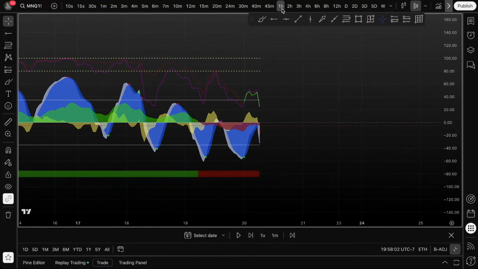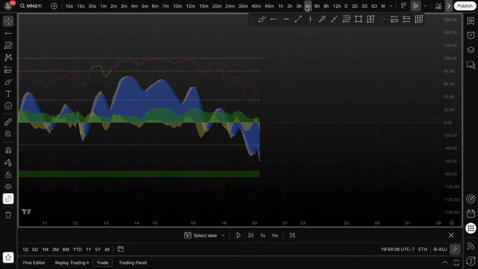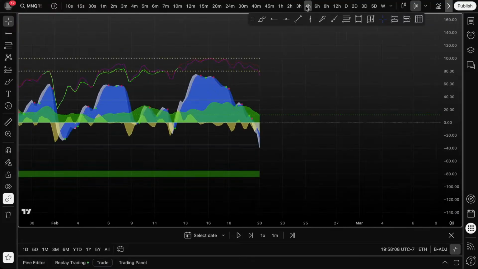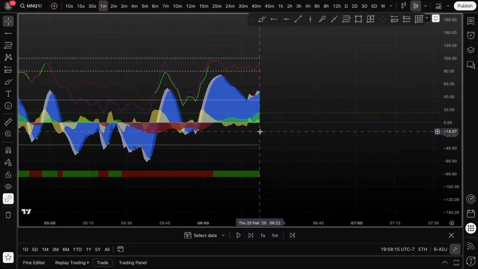The 40. The 1. The 2. The 4. The short. Folks, we're going for it. 622.